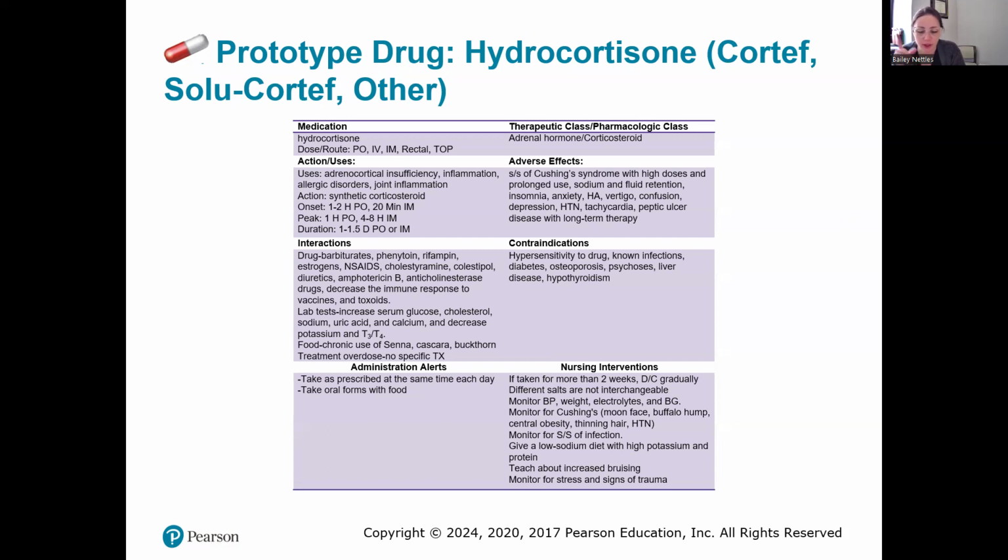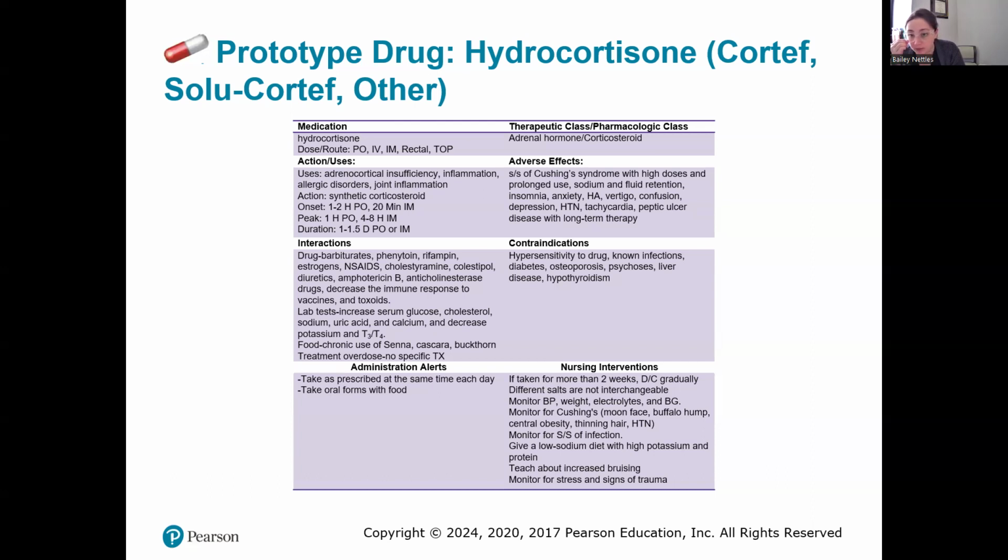One thing that's not mentioned is that all steroids, especially with long-term use, can make your bones weak and make you go into osteoporosis or deplete your calcium. So we definitely want to add that to adverse effects. Well, there's a lot of drugs we want to avoid because of the side effects. These can make them worse, like barbiturates, phenytoin, rifampin, estrogen, NSAIDs.